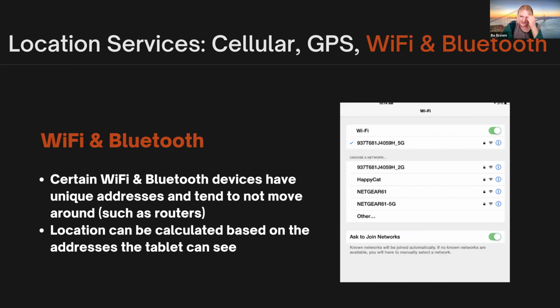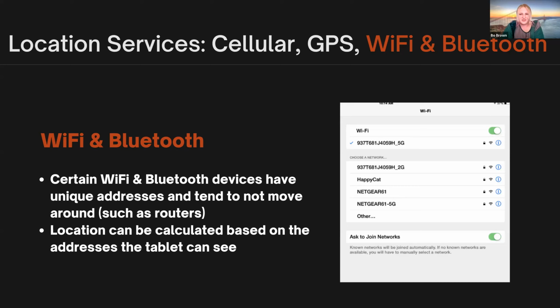And then the last two are Wi-Fi and Bluetooth data. Wi-Fi and Bluetooth devices have unique addresses, and a lot of them don't move location. So for instance, you may pick up a Bluetooth address of a smart TV in your neighbor's house while walking down the street, and chances are that TV is not going to move.